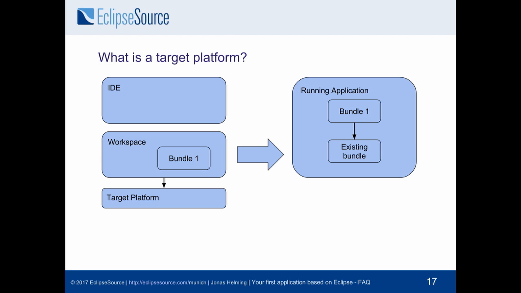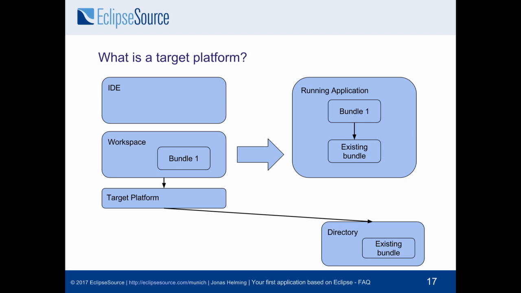dependencies are resolved from. Now, in the simplest version, and that's technically what it is at the end of the day, the target platform is a directory in which are located binaries, meaning jar files of all the bundles that you depend on.